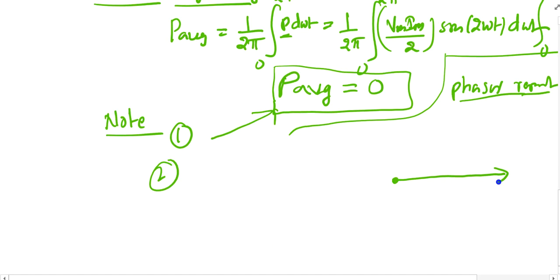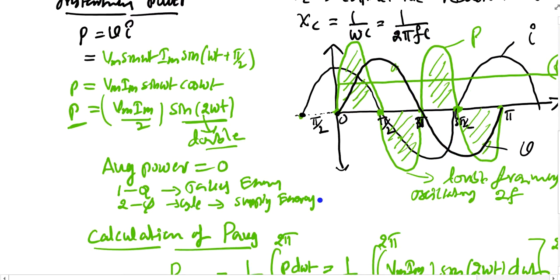This is my voltage, the V RMS, with an angle of 0 degrees, taken as the reference vector. And what about the current waveform? The current leads the voltage by 90 degrees. You can get this information from this diagram.